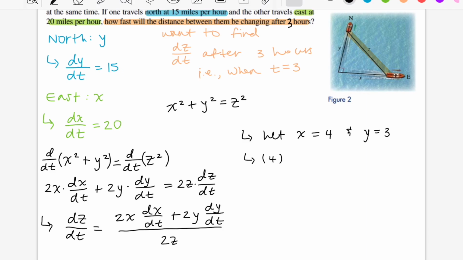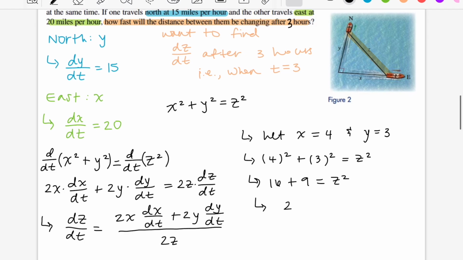So if I plug these into our Pythagorean theorem, we get 16 plus 9. So we get 25 is equal to z squared. And then taking the square root on both sides, we get that z is equal to 5.